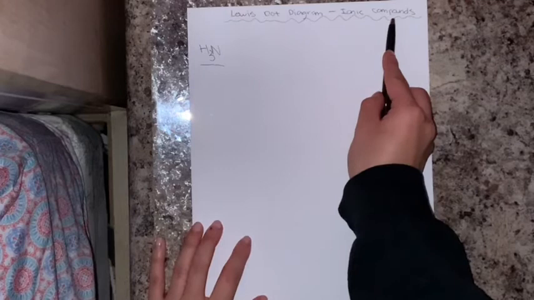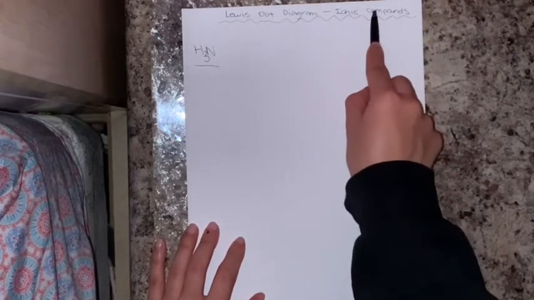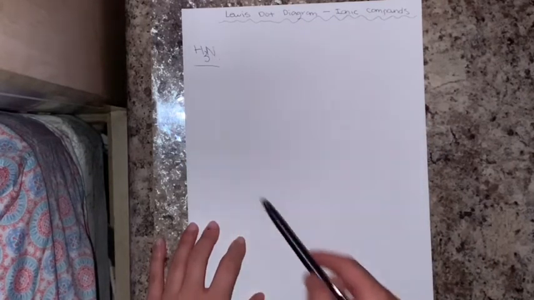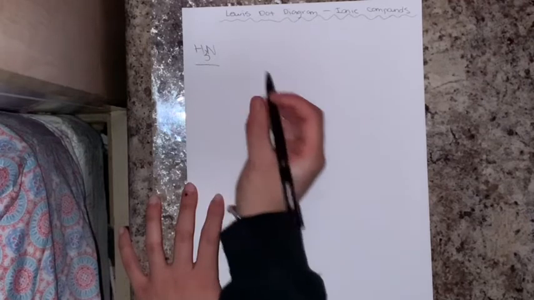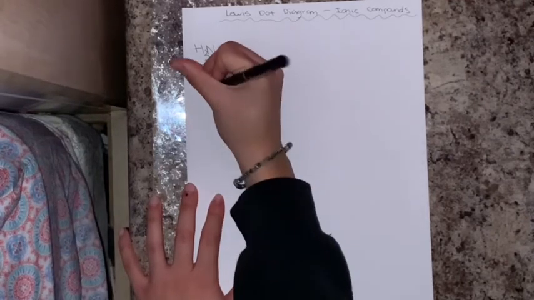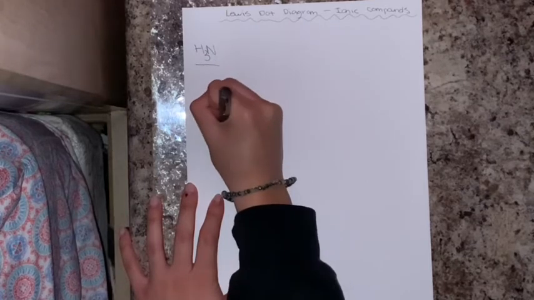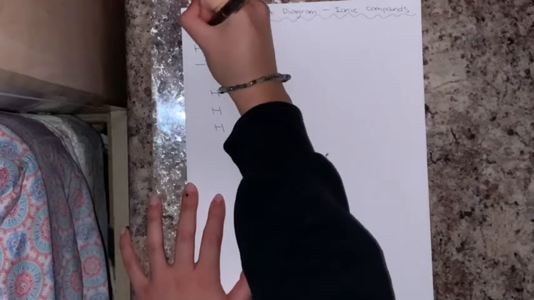So for our second example of Lewis dot diagram for ionic compounds, we have H3N. So the first thing we're going to do is write the chemical symbol for hydrogen, which is H. And we have 3 atoms of hydrogen, so we're going to write 3 H's, and the number 3 only applies to hydrogen and not to nitrogen.